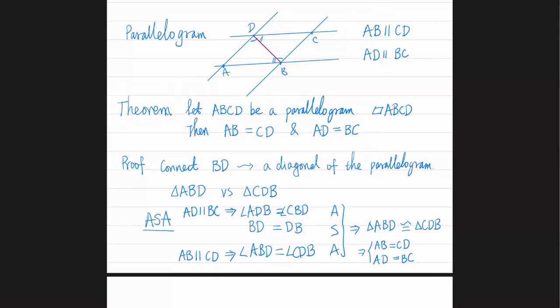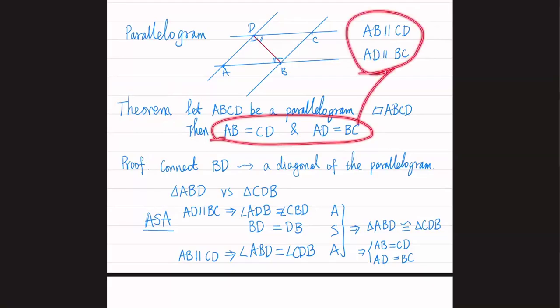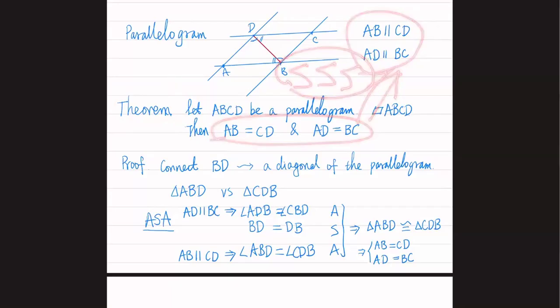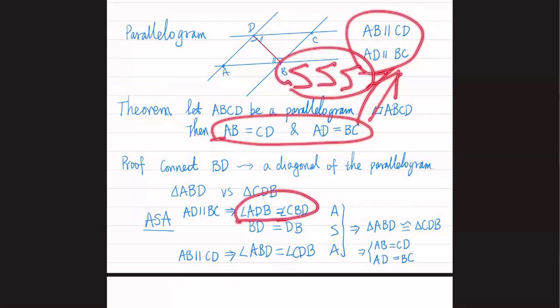You see the difference between this one and the homework. In the homework, we assumed they have the same length, then we proved they are parallel. For that one, we used the side side side theorem. We go the other way because the alternate angles are the same, so the two lines are parallel.